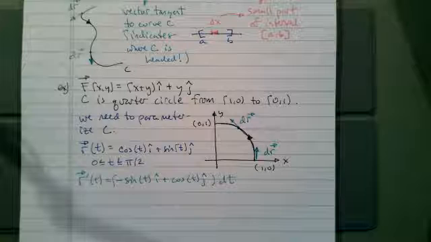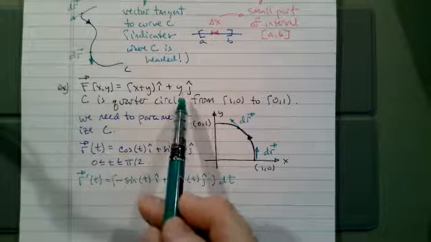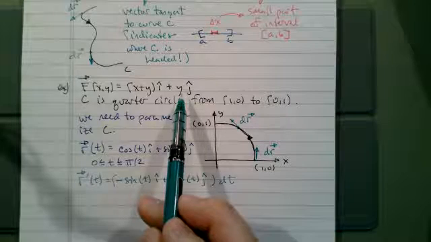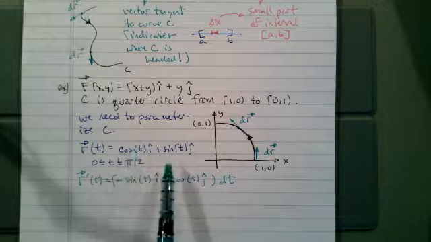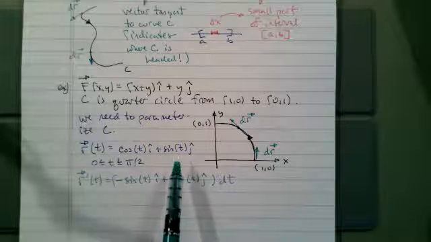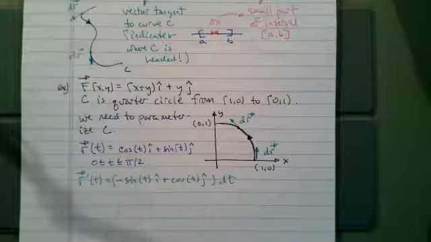So the next thing we need to do is make sure that the vector field, which is all these x's and y's, can communicate with the curve, which is parameterized with the parameter t. So now I need the vector field to be written in terms of t.